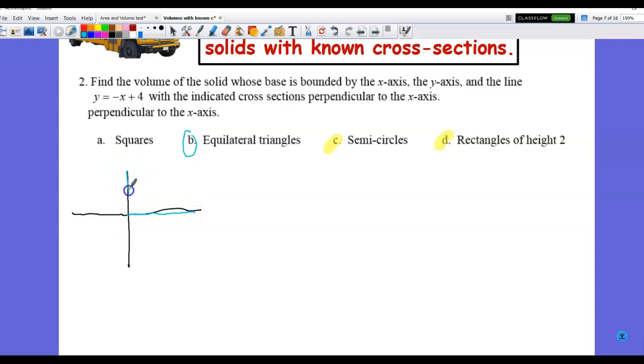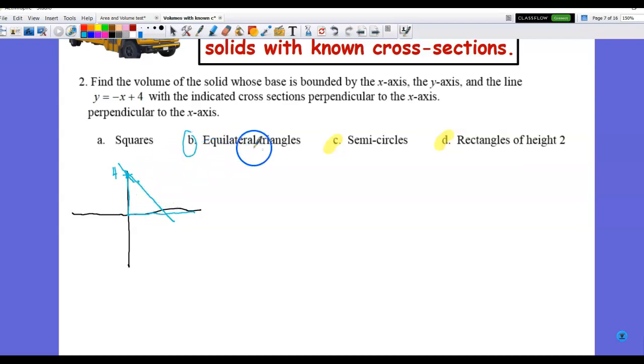And the y-axis is going to be one of the boundaries of the plate. And the line -x plus 4, so we're going to have a y-intercept of 4, and then down 1 and to the right 1. So we're going to have a line that looks like that. Okay, so our plate is a triangular plate.